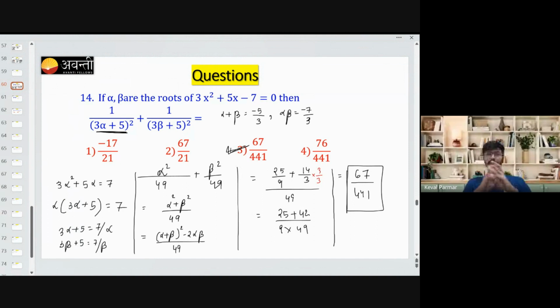Do you all get it, guys? Ganesh and Santosh, yes or no? Give me a thumbs up. Is it clear or should I explain it again? Hello, Santosh.